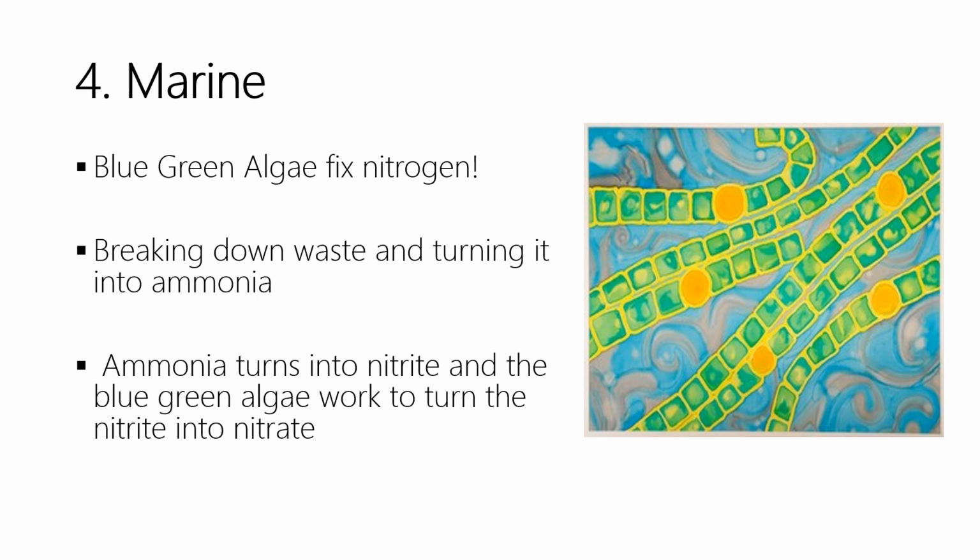Like here on land, with the nitrifying bacteria living in the nodules of legume plants in the soils, there are these algae that fix nitrogen in the water. It's the same process in the water as it is on land, where the breakdown of waste is turned into ammonia, and that ammonia is turned into nitrite, and the blue-green algae then work to turn the nitrite into nitrate.